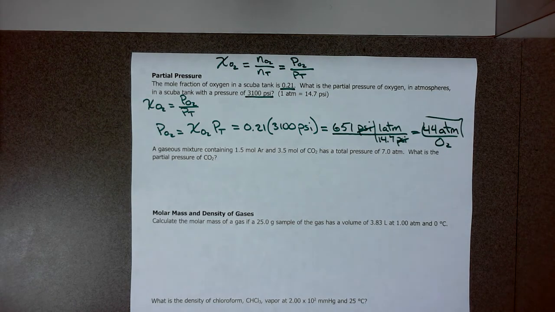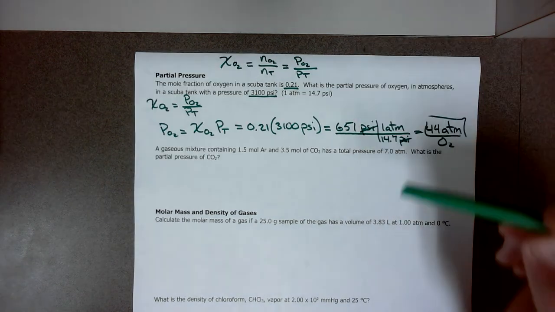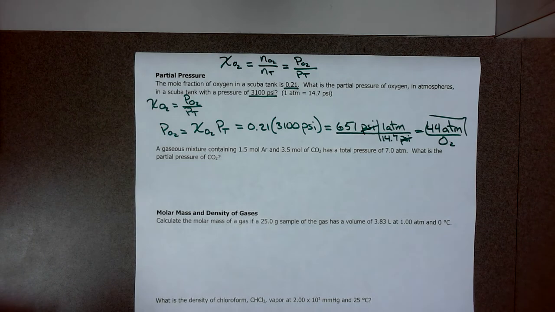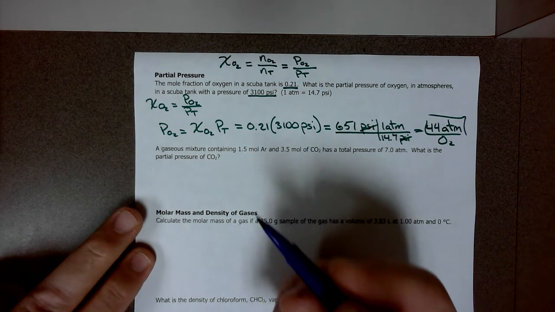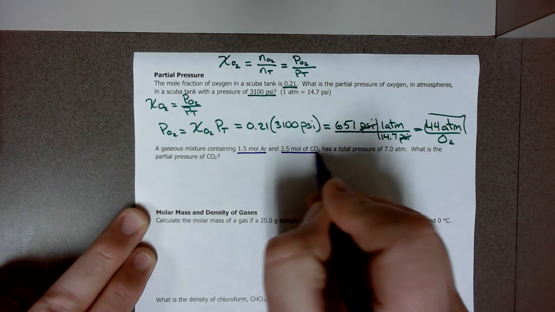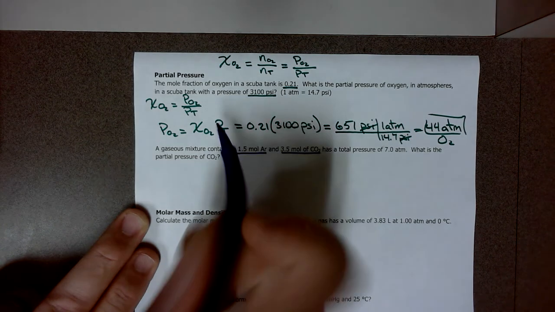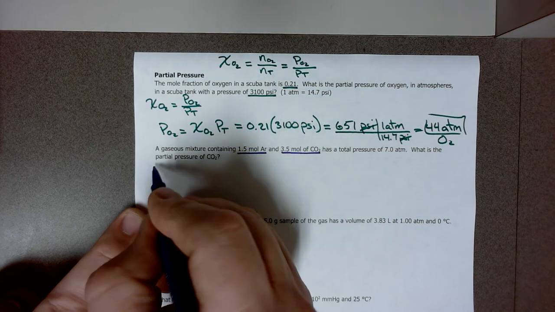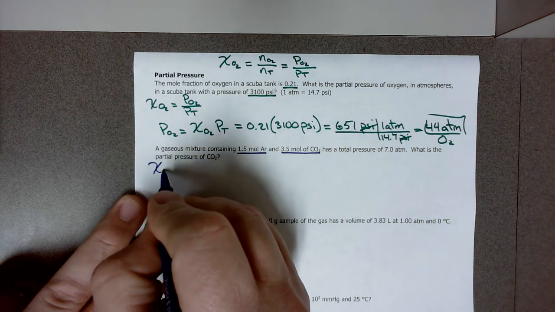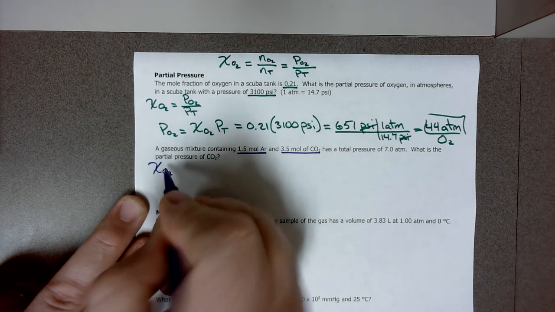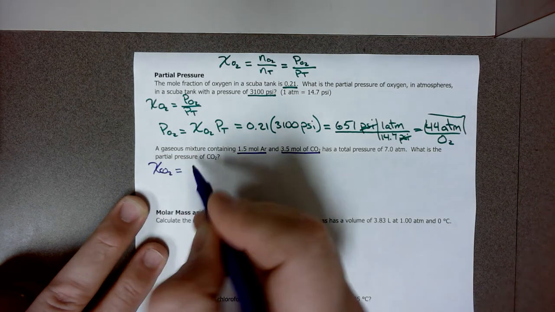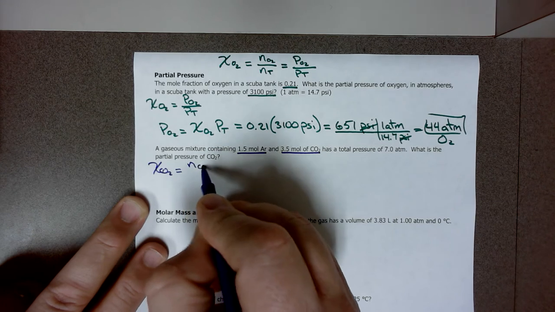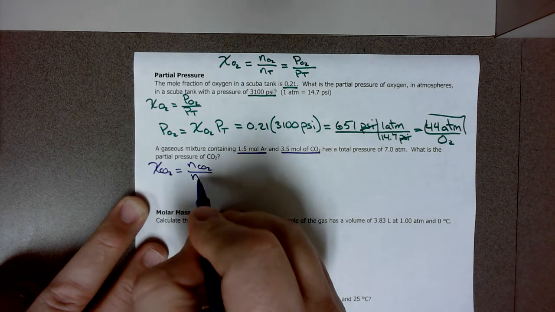Now a lot of times you don't actually know the mole fraction right off. Up here we did, because that's what we breathe, 21% oxygen. But let's look at the next one. Now we just know the number of moles of each. So I have moles of argon and moles of carbon dioxide. We know that we can find the mole fraction by taking the part divided by the whole. So my mole fraction of CO2, not just O2, is equal to the moles of carbon dioxide divided by the total moles in the system.